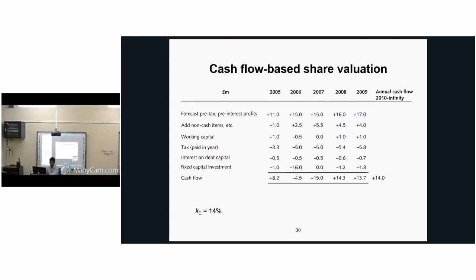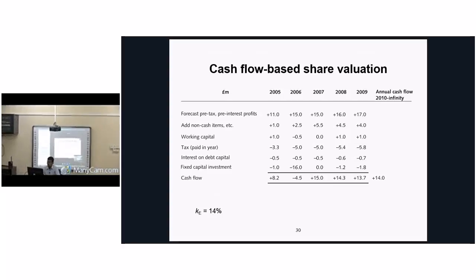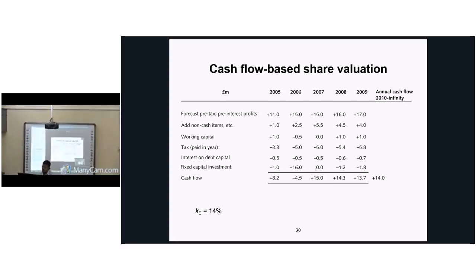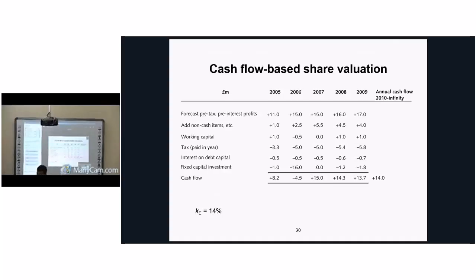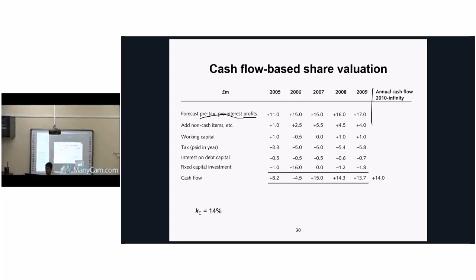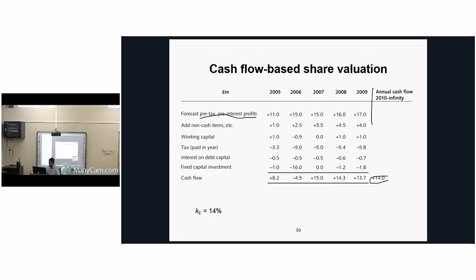Now this is an example where we are trying to calculate the value of the firm. So we have been given the accounting profit, basically the pre-tax pre-interest profit from 2005 to 2009, and then we've been given cash flows of 14 million from 2010 to infinity.